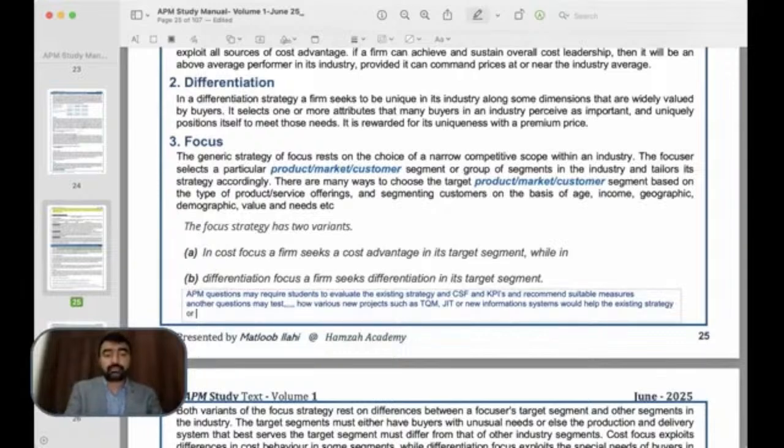or evaluate the existing information system. That would be a very interesting question. Information system in the context of the current strategy.